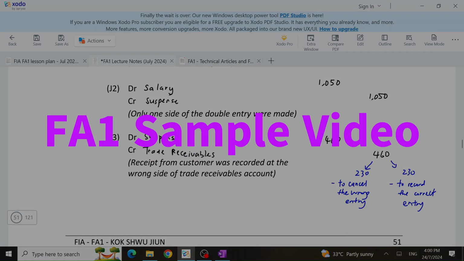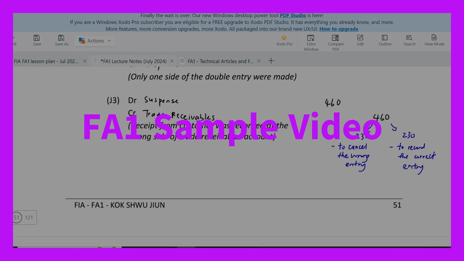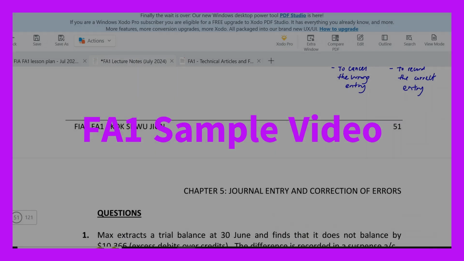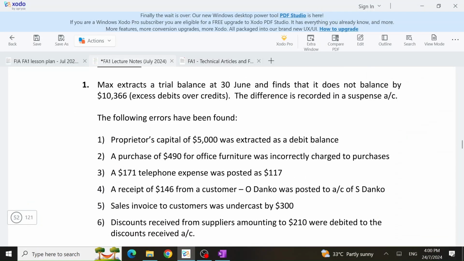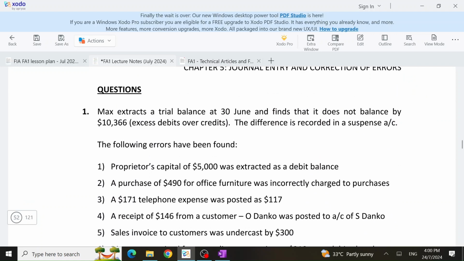But many times, it wouldn't be only one type of error. For example, in the exercise at the back, the errors that we gave you here are a mixture. Some you need suspense account, some you don't need suspense account. Mixed, right? Alright, so let's go to the question at the back.